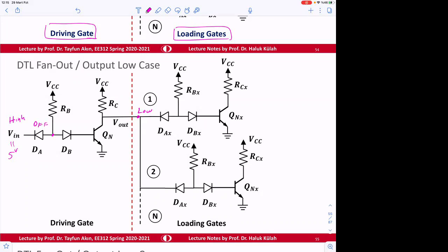But then we know that there's going to be enough current here. So this should be SAT. And then this is going to be 0.8 volts, and this is going to be 0.7 volts. Okay, so if this is SAT, the low means there's going to be 0.2 volts here.